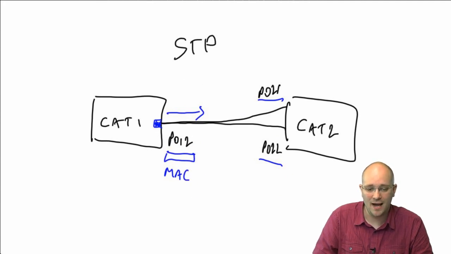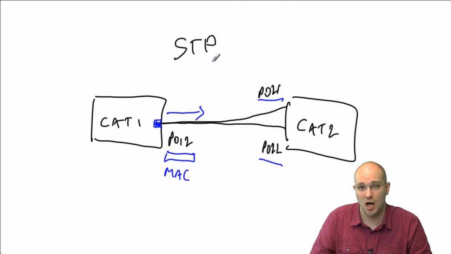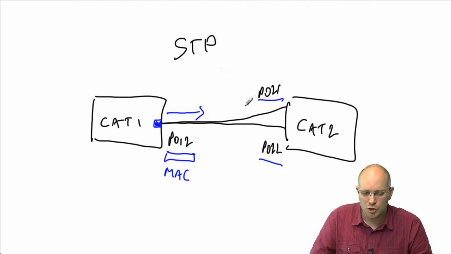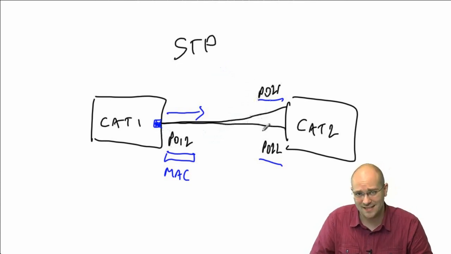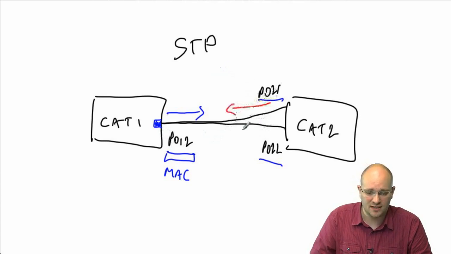Port channels, by definition, are point-to-point. We cannot have multiple hosts there. So what we are expecting on cat1 is to receive one set of spanning tree BPDUs. But here we are going to be receiving two sets. One set sent from the port channel 21 interface, and the other one sent from the port channel 22 MAC address.